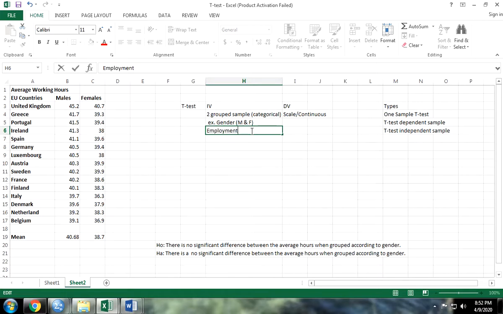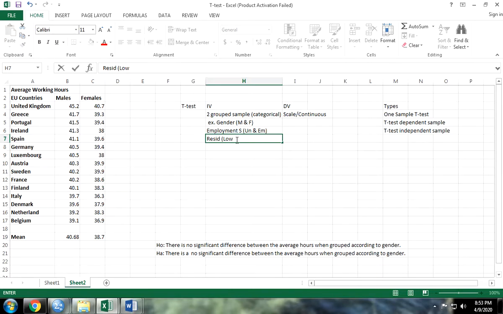Dalawa lang yung status natin: unemployed and employed. Or residence. Especially kung dito ka sa Cordillera, you want to compare lowlanders from highlanders. Two group yan, kaya t-test ang gagamitin natin.